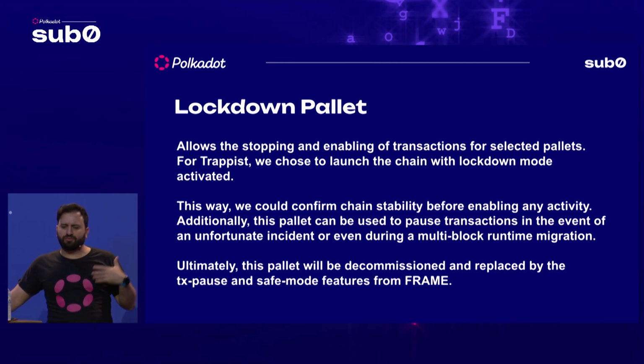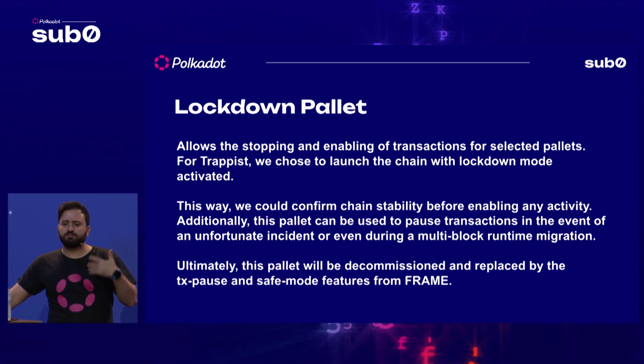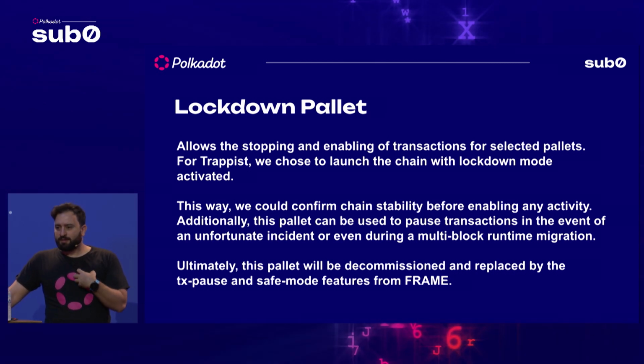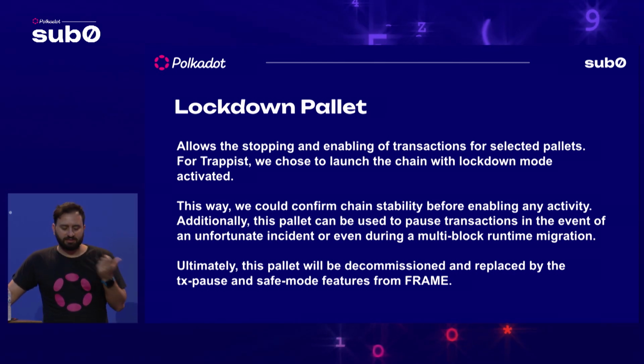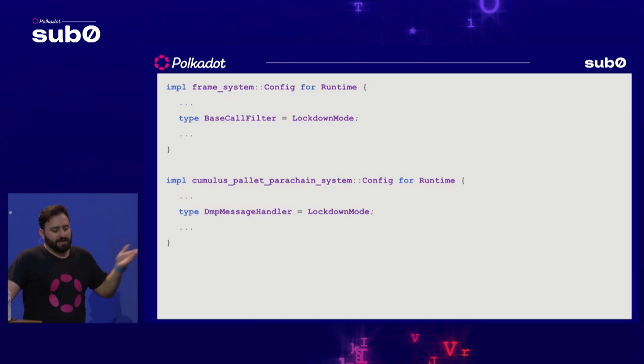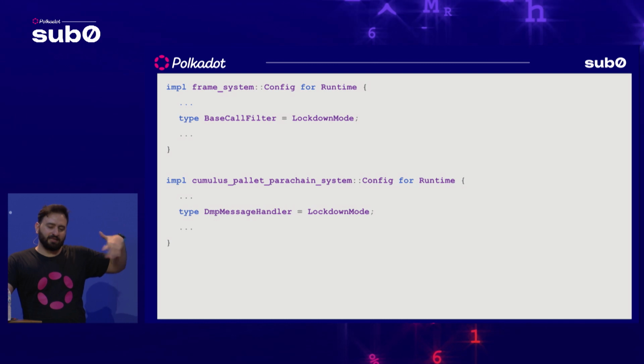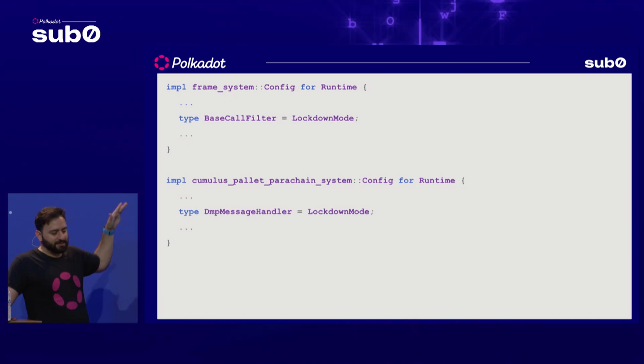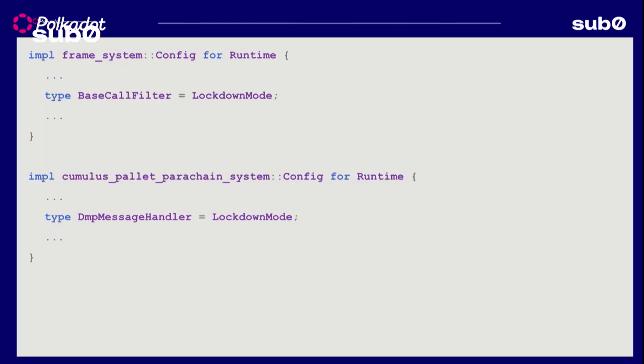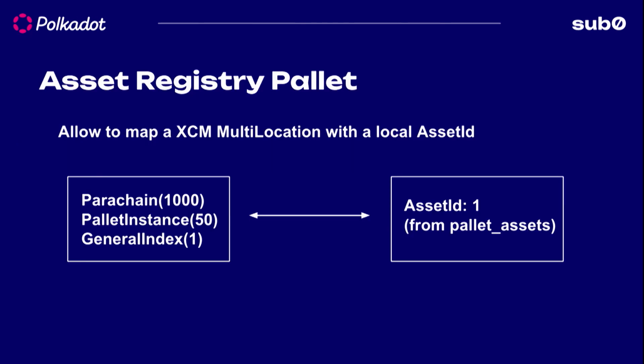So we were trying to think what would be a real deployment use case that makes us feel safe during the deployment. Some parts of the code have implementations on the lockdown mode pallet, and we put it on the base call filter. Also on the DMP message handler, we have another implementation that filters the messages, right?